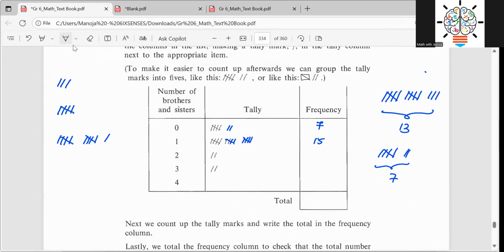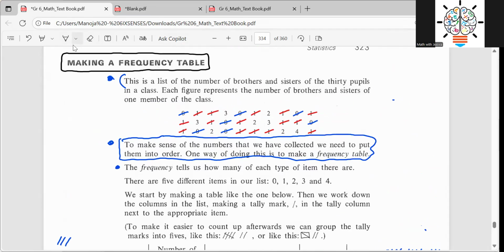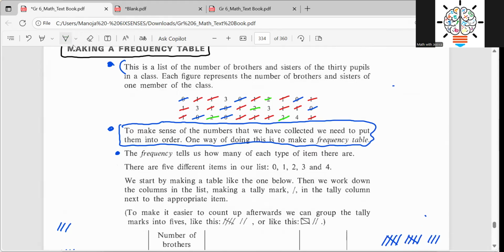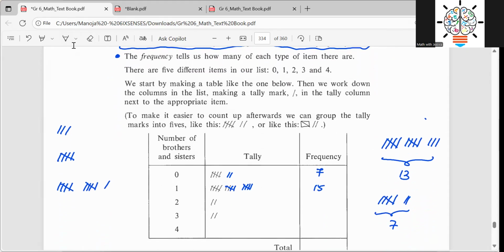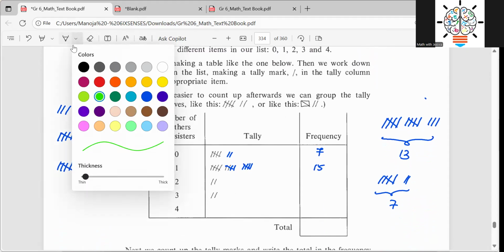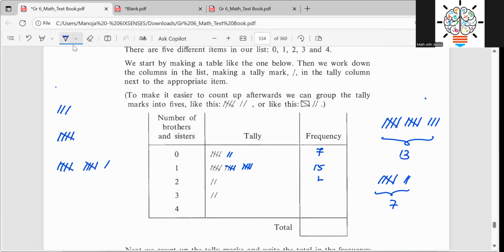Then we will try the next one, number 2. Let's see, 1, 2, 3, 4. So only 4 students. Have we missed anything? No, right? So just 4 students. Something like this.